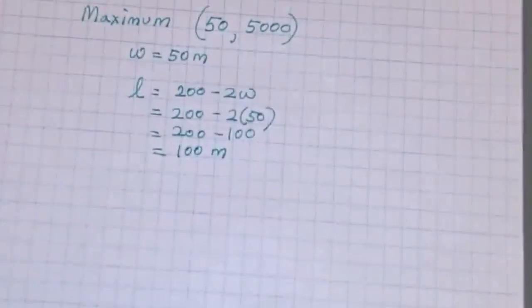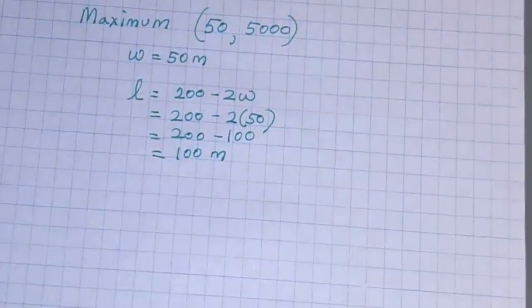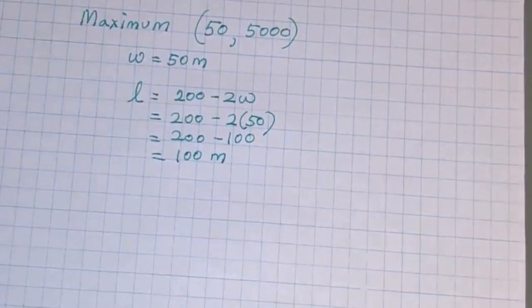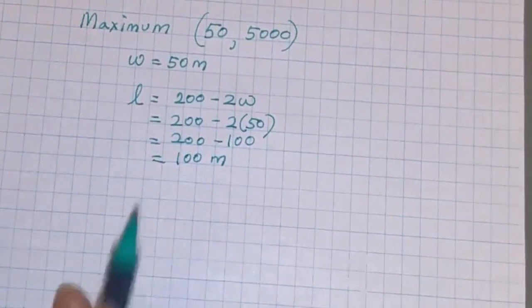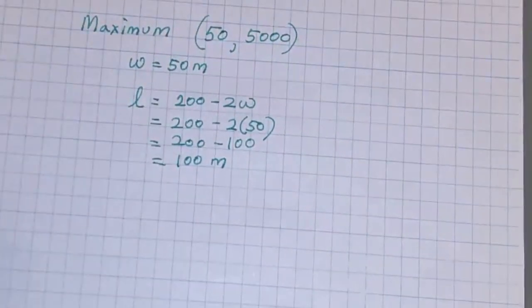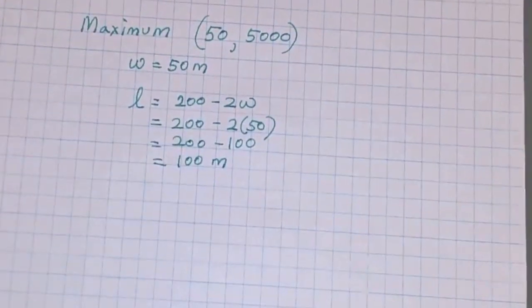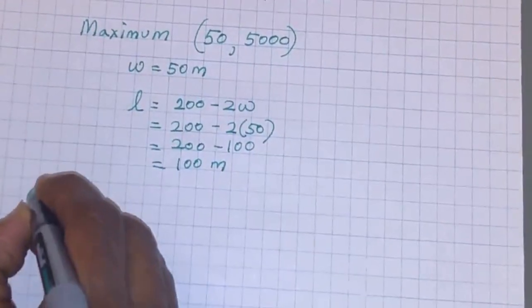So the dimensions that would give the maximum area of the field are: the width would be 50, and the length is 100. So let's write the final statement.